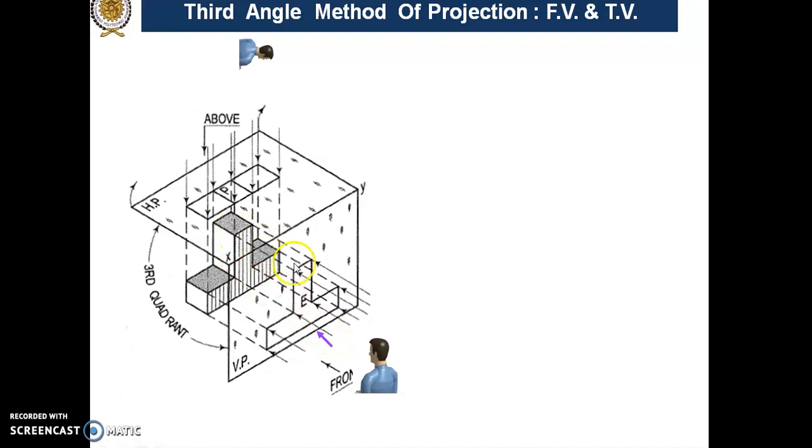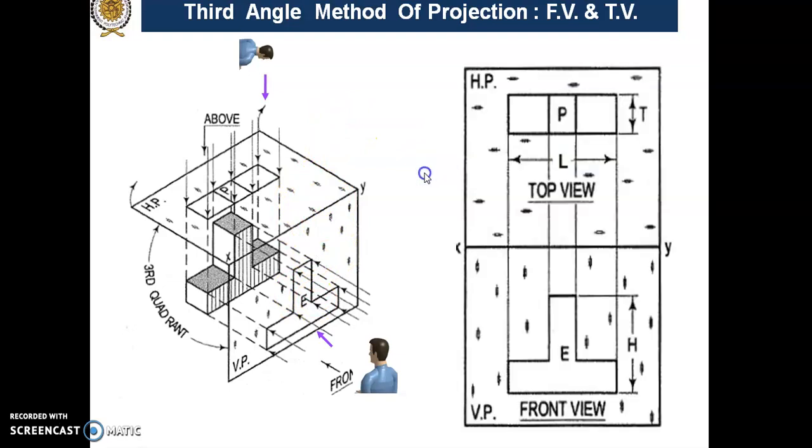We have to draw the projectors from the points so as to meet the vertical plane. Join it in the correct sequence. Similarly, have a look from the top side over here and join the points in a correct sequence. Turn this horizontal plane through 90 degrees so as to make it coplanar with the vertical plane and see what happens.